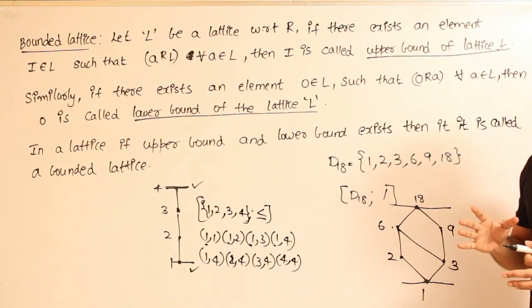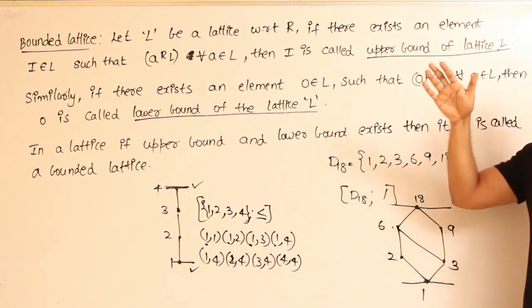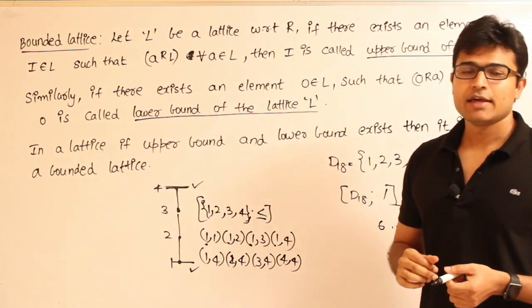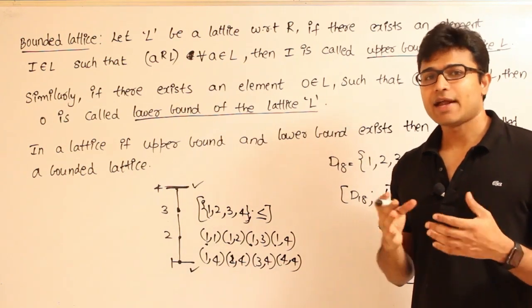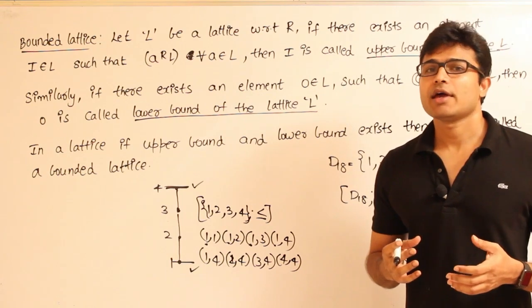Now for a lattice, if you have a lower bound and an upper bound, these two elements, then it is called a bounded lattice. There might be some lattices which are infinite, and in that case we might not have any bounds.